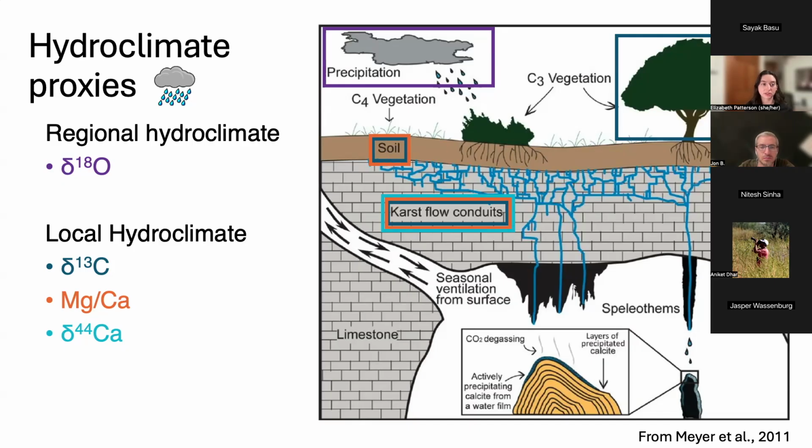But today I'm mostly going to focus on local hydroclimate proxies, so things like carbon isotopes, magnesium-calcium ratios, and calcium isotopes, which reflect a variety of things, but the primary signature is local hydroclimate, so how much rain is falling at your site.